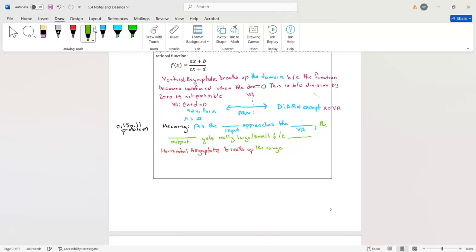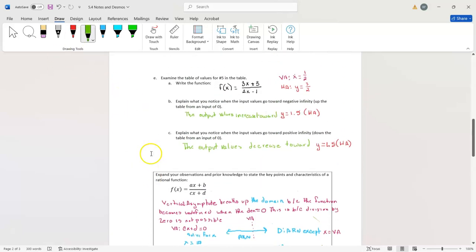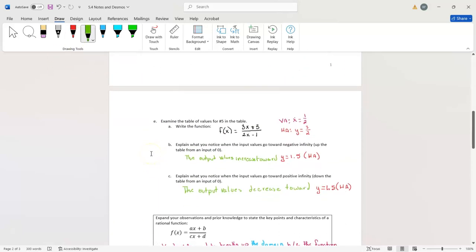So let's go back and look at this problem here, our part E, where we know that the horizontal asymptote is 3/2. We notice that we get closer and closer to this horizontal asymptote as the input values get really, really small or really, really large.